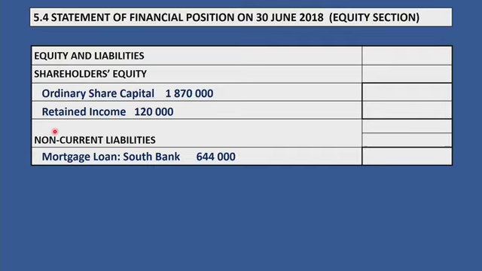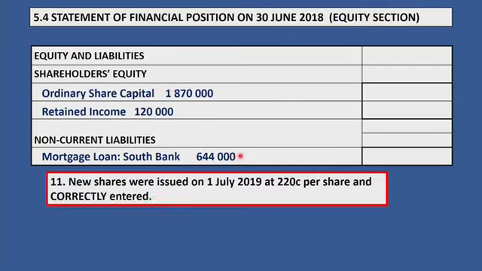What is this? This is 5.4, which is the A section of the balance sheet. It's just the equity and non-current liability section. Now I can remember that we had interest there, so let's see. Oh, didn't do that now. Let's first do the shares.